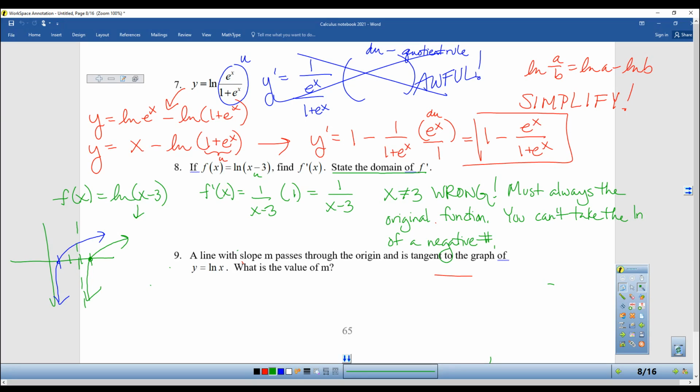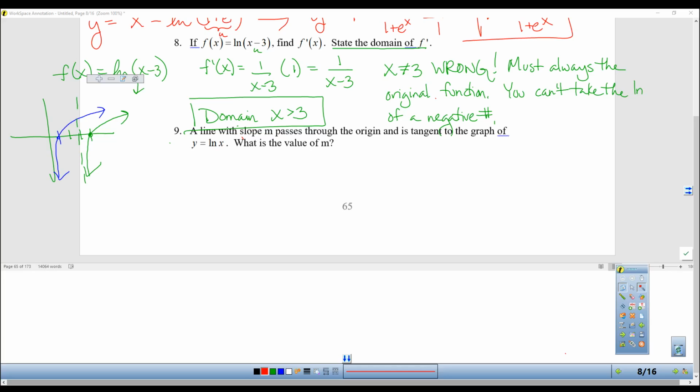So for a derivative, you definitely can't find the derivative at 3 because there's an asymptote there. But you can't even find the derivative at any number less than 3. So the domain is going to be x is greater than 3. Even though after you've taken the derivative, it looks like it's just x is not equal to 3, it's actually x has to be greater than 3 for your domain.